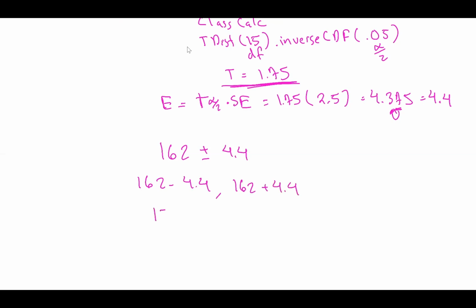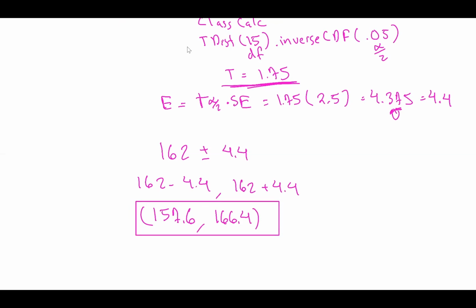So you get 157.6. And then we'll do this again, but we do addition and we get 166.4. And that's your confidence interval. And we're all done with this problem and we're all done with this lecture.